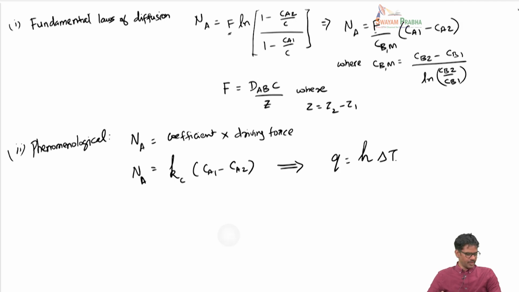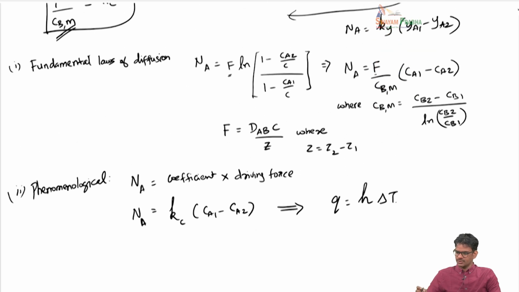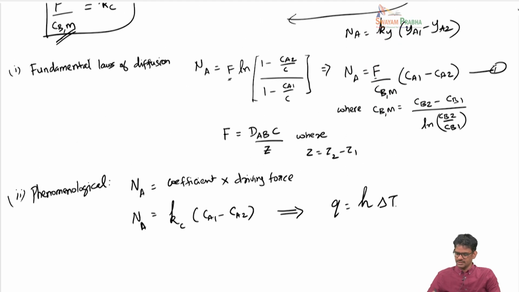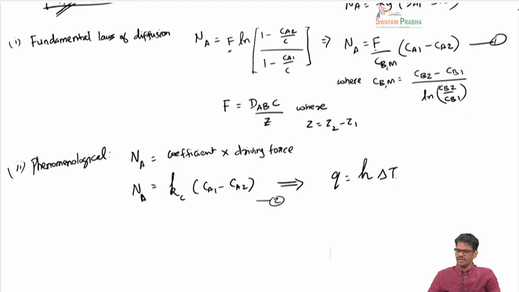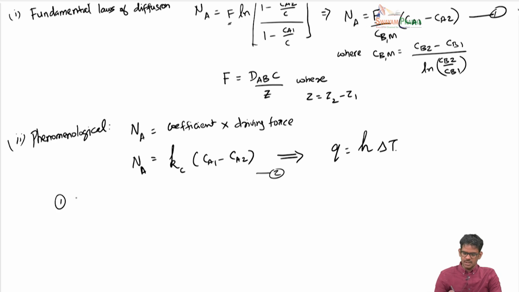So if you take this as equation 1 and this as equation 2, by comparing equation 1 and 2, we can also relate the mass transfer coefficients used in these two approaches. Okay, so equating equation 1 with 2, we have Na is equal to F by CBM.